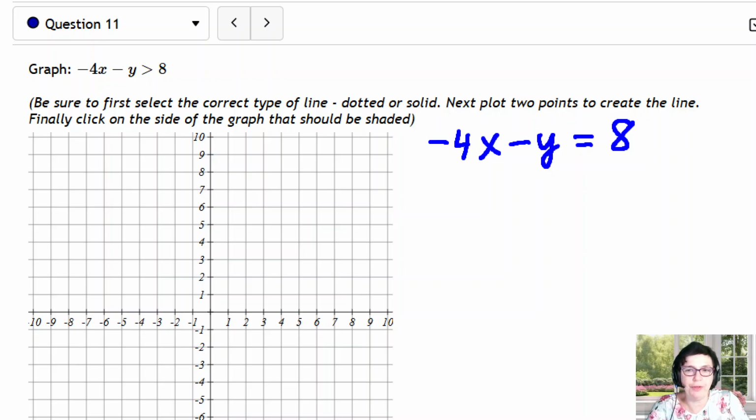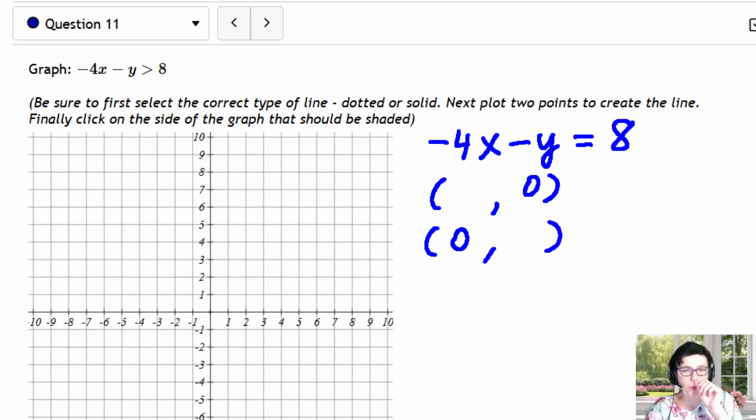Now we need to graph this line. In order to graph the line, we need 2 points. The easiest thing to do is to find the intercepts. So the x-intercept is when y is 0, and the y-intercept is when x is 0. So when y is 0, this is going to cancel this here, and we're going to wind up with negative 4x equals 8.